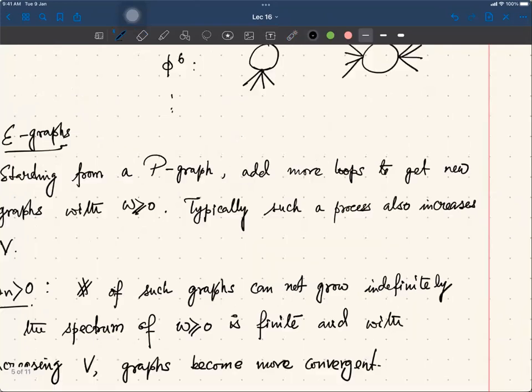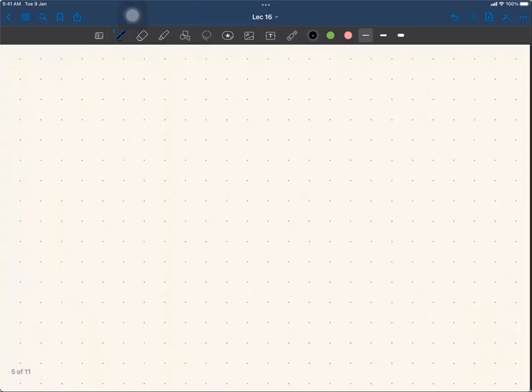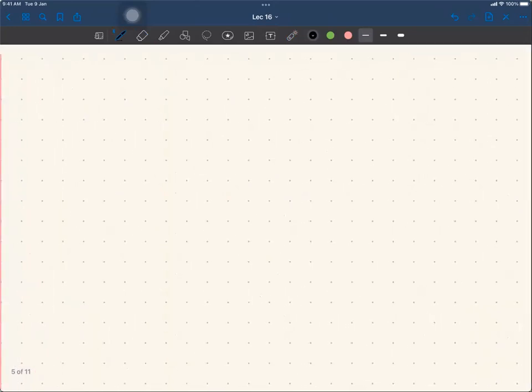Okay, let's demonstrate this for the phi cube theory. Phi cube has delta n greater than 0 in d equals 4. So this is our primitive graph, and we add a loop on that like this. But we also add 2 vertices.